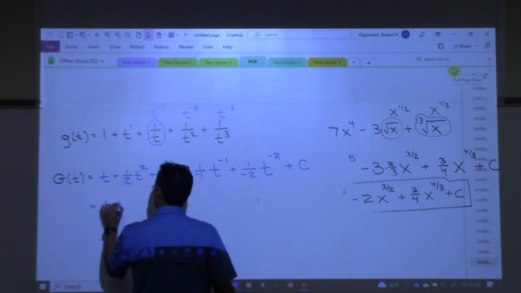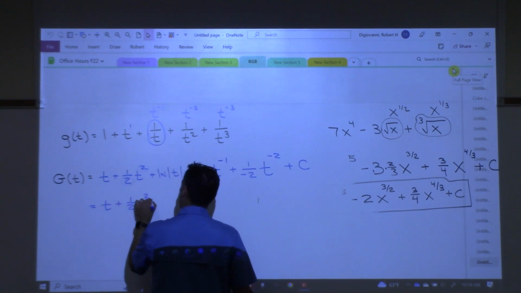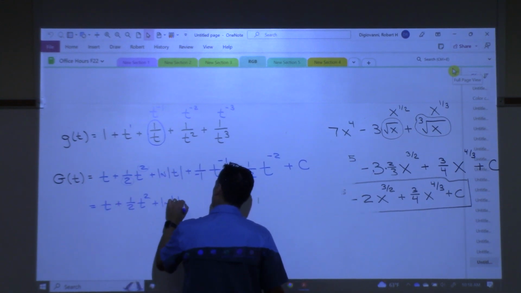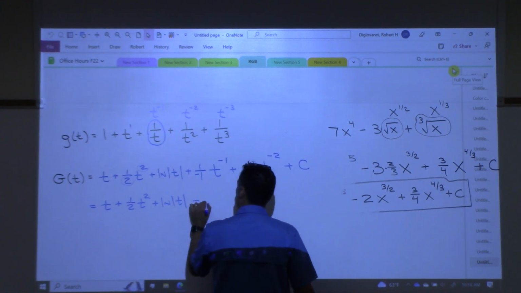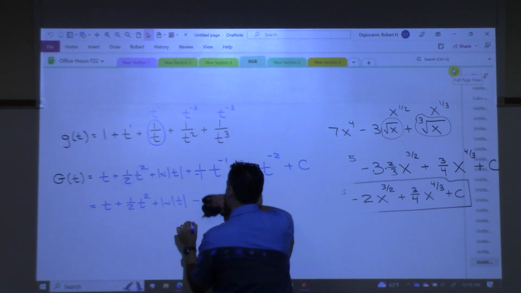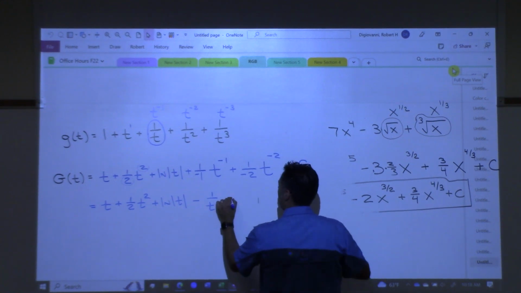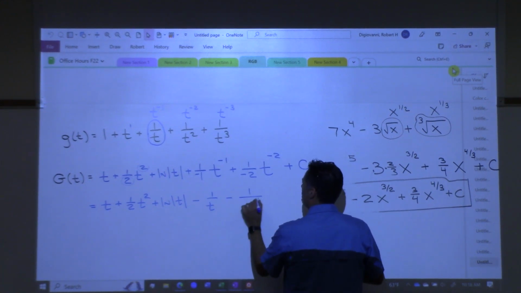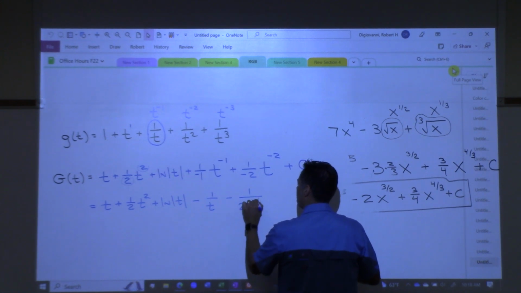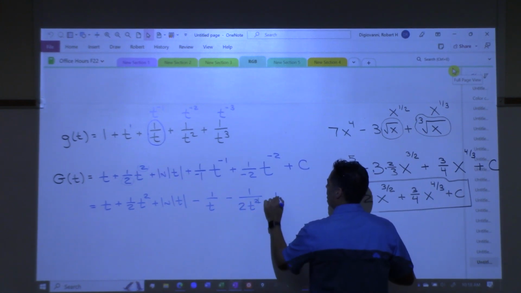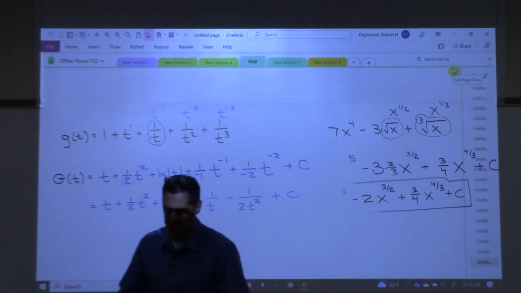T plus 1/2 t squared plus the natural log of the absolute value of t minus t to the, let me write it this way, 1 over t minus 1 over 2t squared, plus c. All right, let's see. Do you understand this?